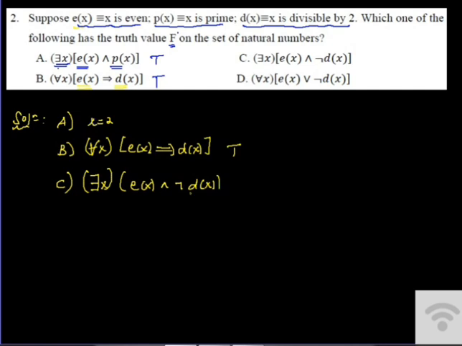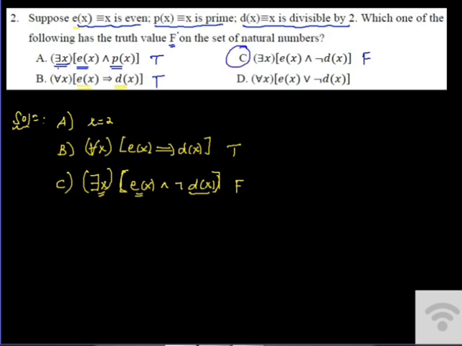Since D is a number divisible by 2, the negation of D is not divisible by 2. So there exists a natural number x which is even and not divisible by 2. This is wrong. This is false. There is no natural number which is even and not divisible by 2. So the false statement is this one.